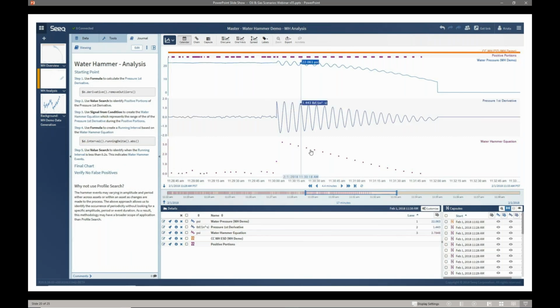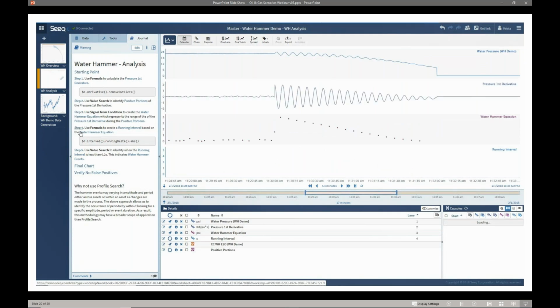One, I can easily see now how my amplitude is changing over time during this water hammer event. The second thing that you'll notice is I have a signal that clearly represents unevenly spaced points during just regular noise in my signal, and then very evenly spaced sample points during that water hammer event. We'll use this to our advantage.